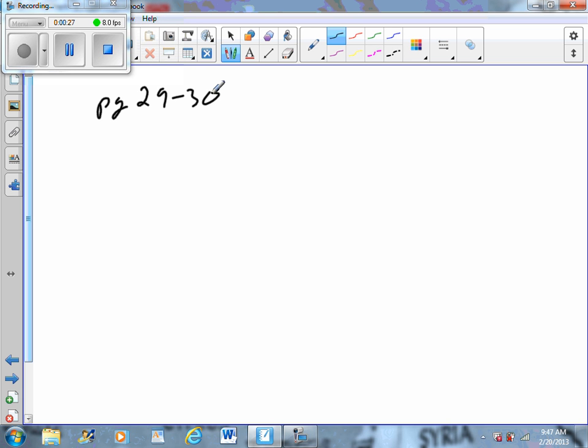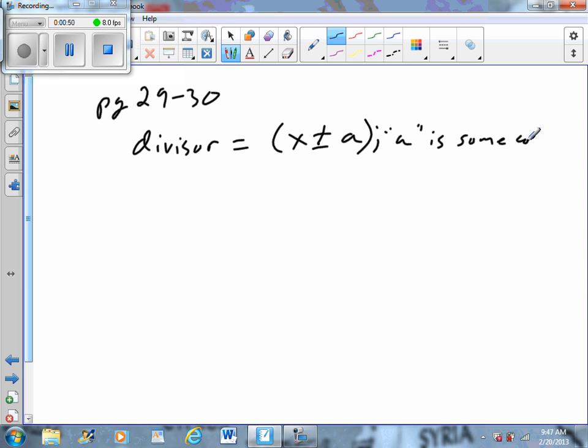Now, whenever the divisor is in the form, as it is pictured in your book, x plus or minus a, sometimes x plus or minus c, where a is some constant, like 1, 2, 3, or 4.